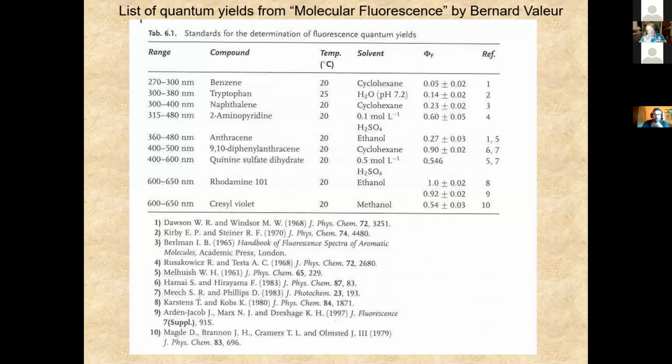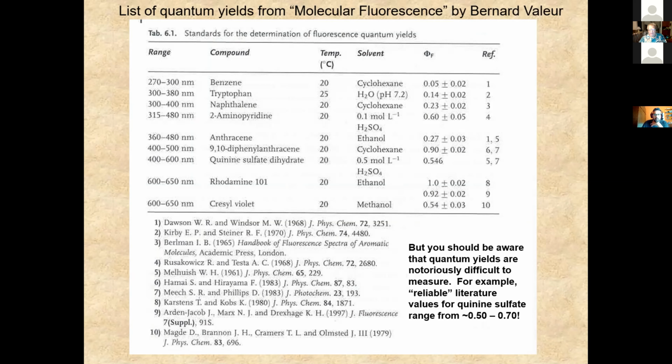So really, when we talk about fluorescent molecules, we're implicitly saying something that has a decent quantum yield. And I also want to point out that quantum yields are notoriously difficult to measure. And I don't care if an instrument salesman comes to your lab and says, our machine can do this really easily. That's not true.